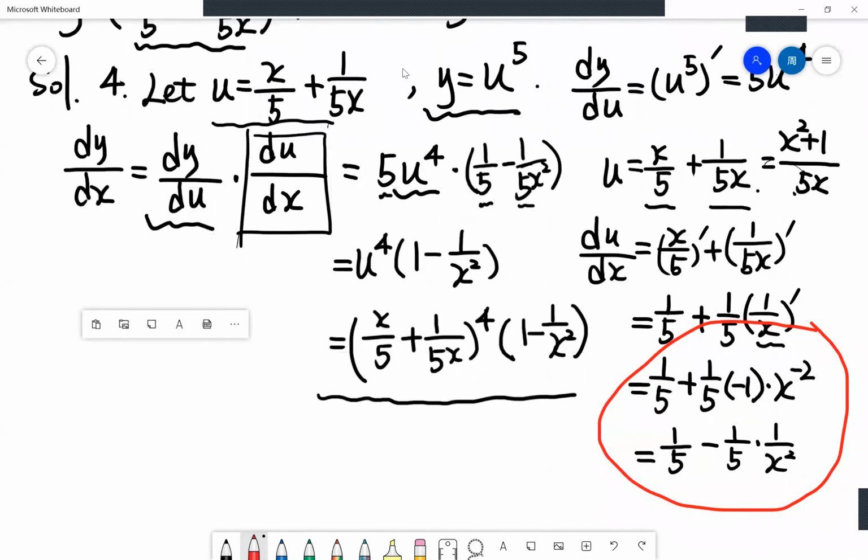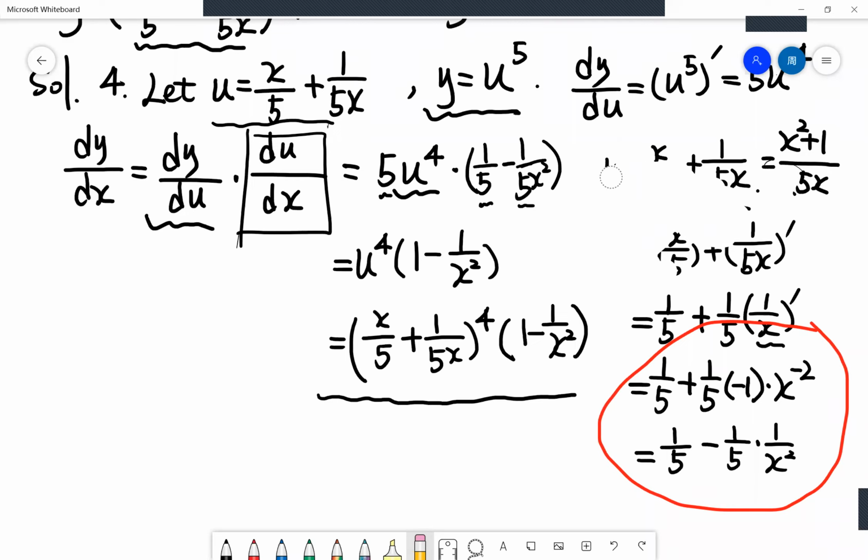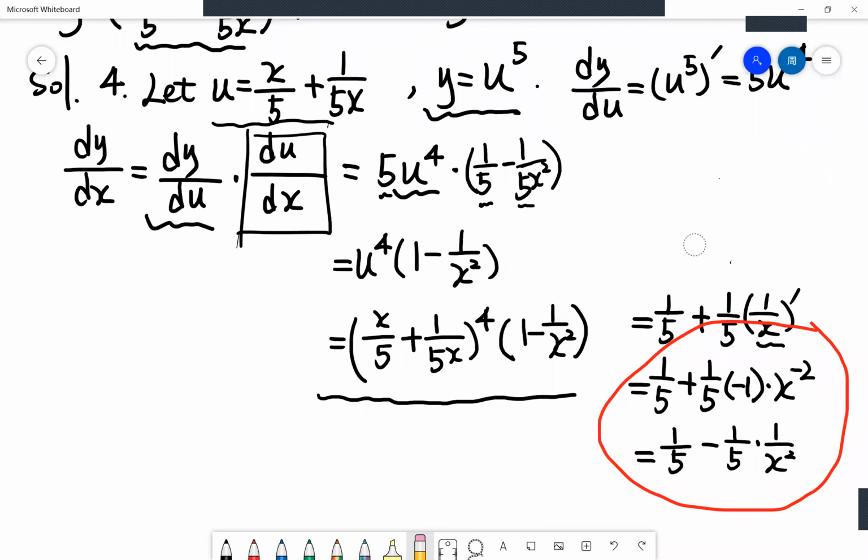Okay. Please remove the circle and I will write this part again. Remove the circle. Who wrote the circle?